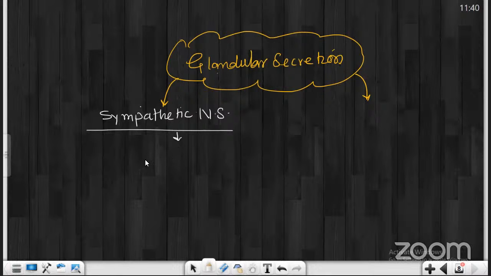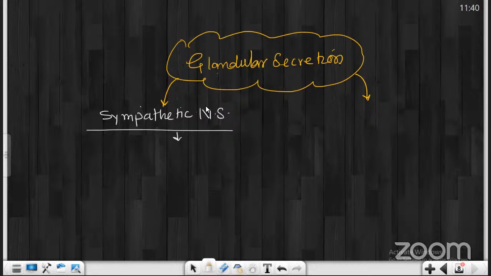It causes stimulation of the sweat gland. And in case of the parasympathetic, inhibition of the sweat gland. When the sweat gland is stimulated, it causes perspiration, sweating, right? So glandular secretion increases.